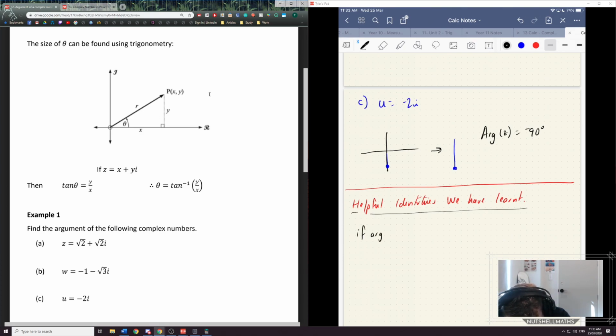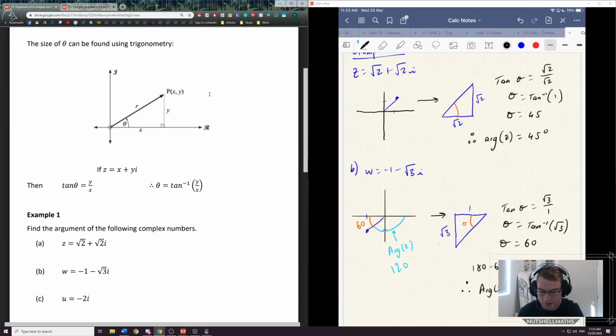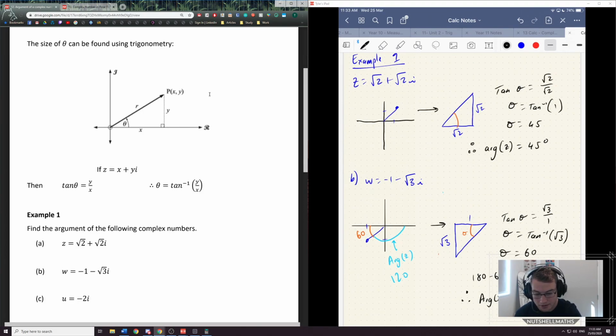If the argument is 45 degrees, let's have a look up here. In this situation, the argument was 45 degrees.